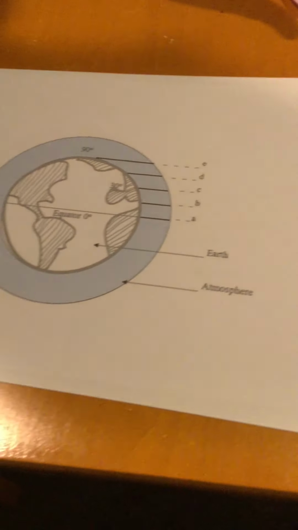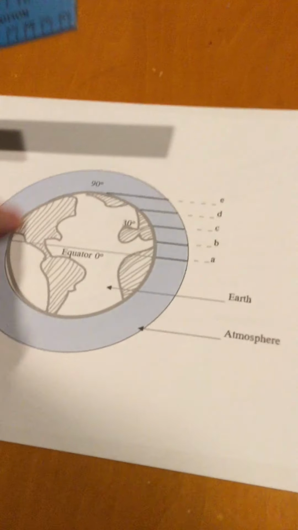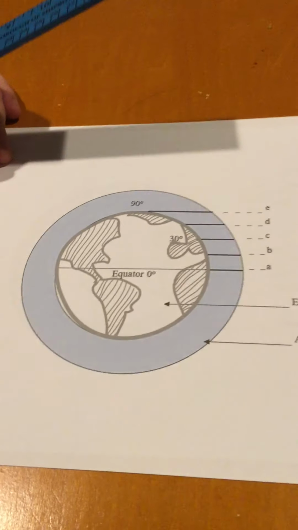Okay? So let me show you what that looks like on the map. When you look at this image, you see this dark ring is representing the atmosphere, and this is the sun's energy coming in from space.